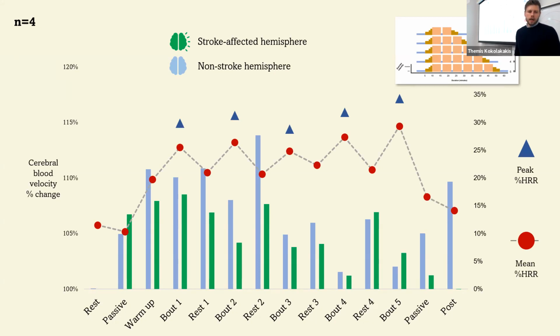Firstly, it's a positive finding showing that blood flow increases to the brain, which can potentially lead to beneficial changes such as the growth of new blood vessels or the clearance of inflammation. And also we've shown that people can exercise at a decent heart rate despite being bedbound and having significant loss of function on one side of the body.